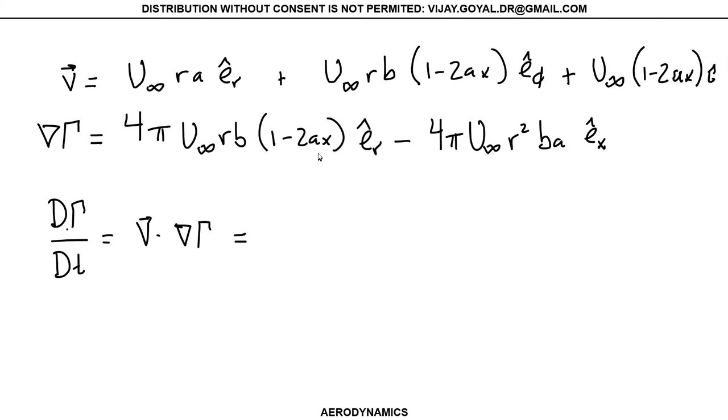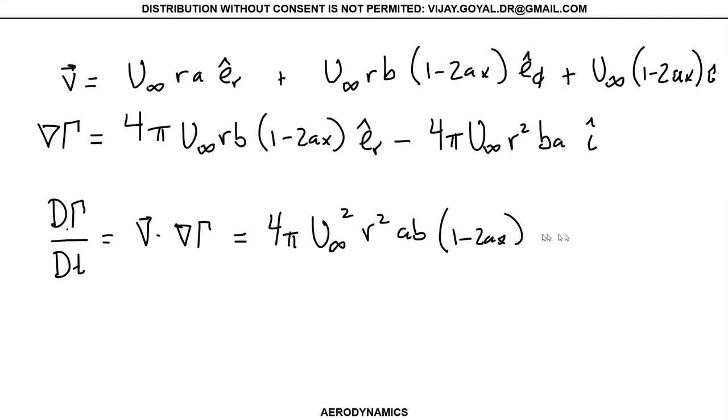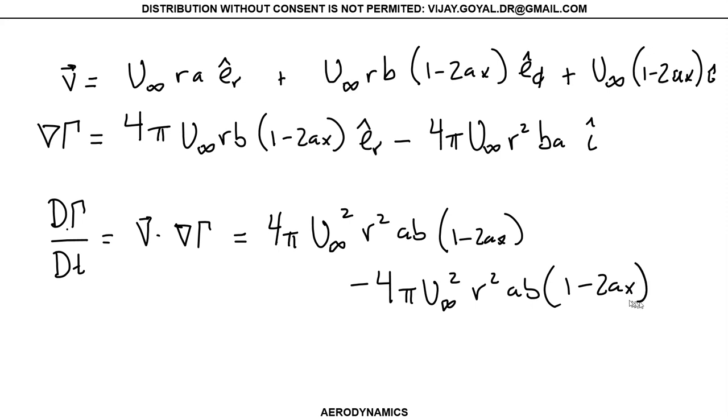If I take the dot product of this times this and this times this, I get 4 pi U infinite squared r squared ab (1 minus 2ax) from the first, and minus 4 pi U squared r squared ab (1 minus 2ax) from the second.